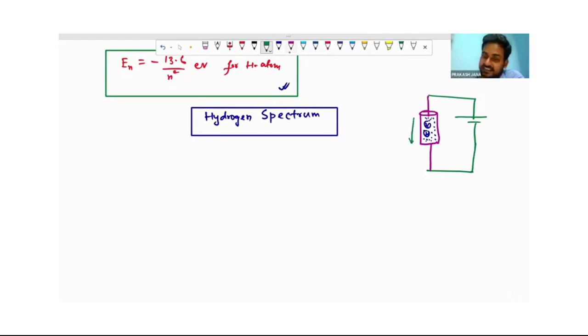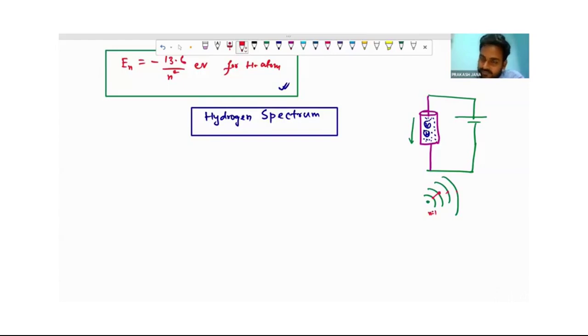Current will flow through this, the electrons will be excited. Suppose this is the nucleus, these are the orbits of the atoms. So the electron revolves in the ground state, n is equal to 1. By taking energy from this current, they will be excited to the higher orbits like 2, 3, 4.